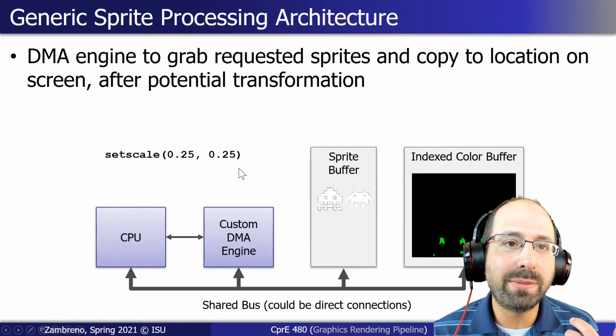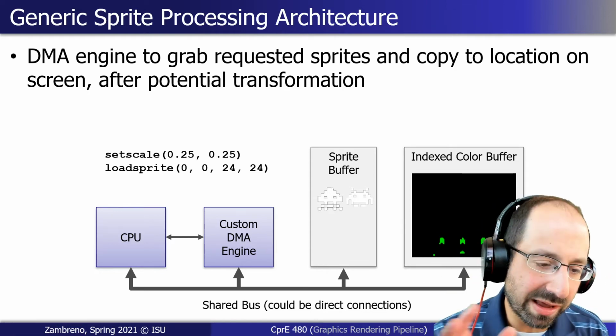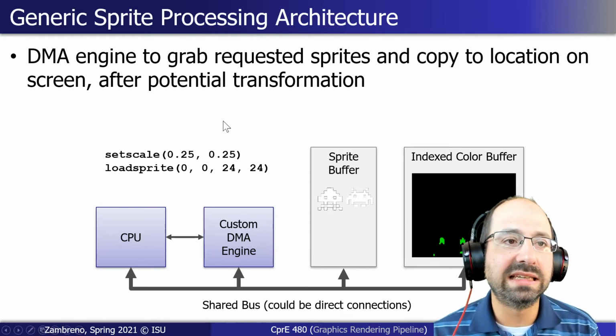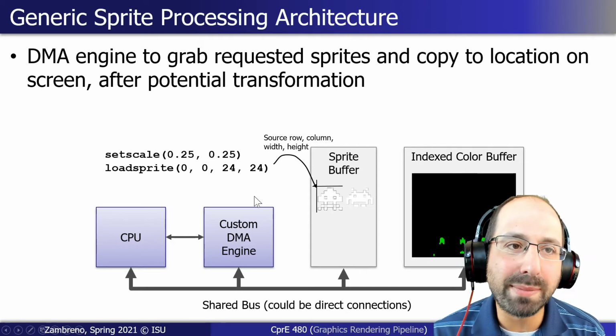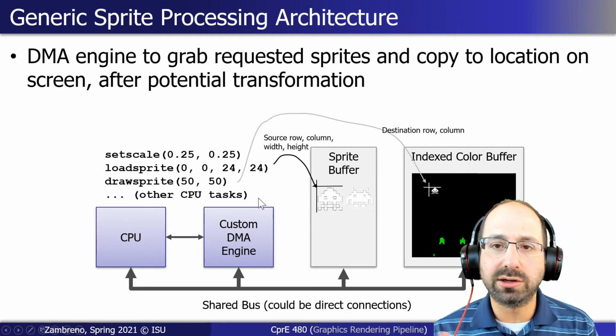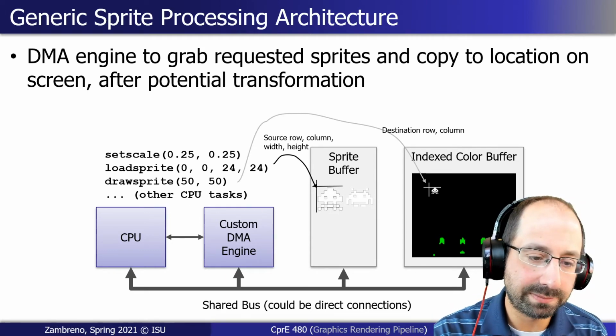So that's what the DMA engine would be doing. So we would specify that we want to grab the sprite, we want to scale it and make it 1/4 the sprite's original size. We would want to load it based on the location of the sprite in that particular memory, and then draw it at a particular location on that screen at that base address.